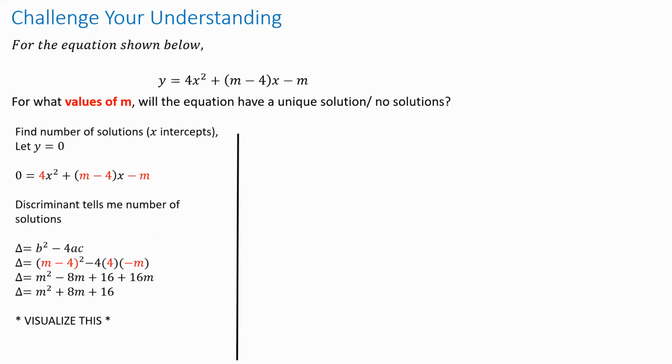This now gives you m plus 4 squared. And remember in exercise 3C, in order to solve, you can square root both sides. That gives you 0 equals m plus 4, minus 4 on both sides, m is negative 4. So what does that mean? In this equation, if m is negative 4, you should only have one x-axis intercept.